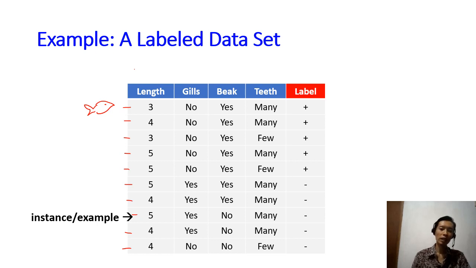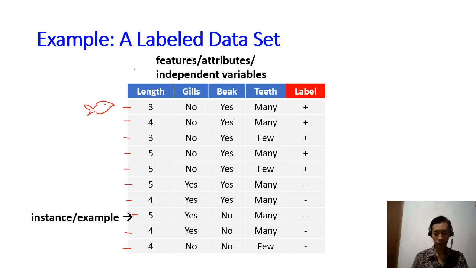And then these characteristics of a fish are called features. Some people call them attributes. Also, people call them independent variables. So for a fish in this example, the characteristics that we record are the length, let's say 3 meters long, whether it has gills or not.